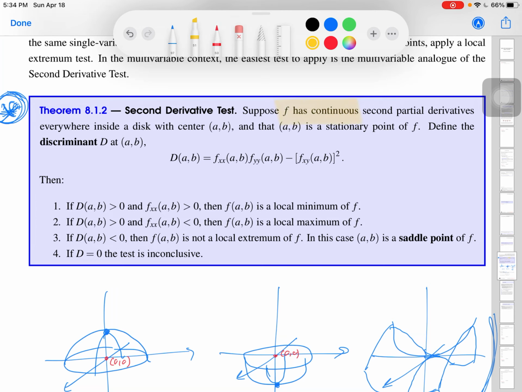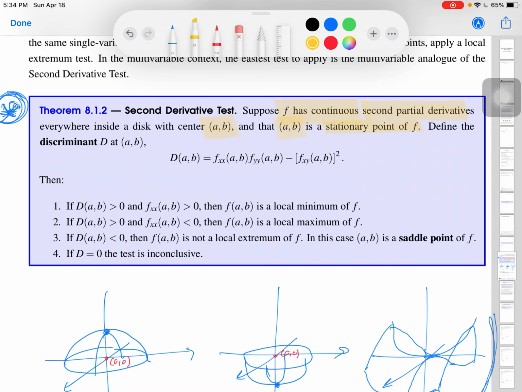Our function f is a multivariable polynomial, so it's continuous. And the second, however many derivatives you want to take, are also multivariable polynomials. They're also continuous everywhere, not just in the 3 specific critical points we have found. So all of the critical points we found are stationary points, not singular points. So all the hypotheses are satisfied.